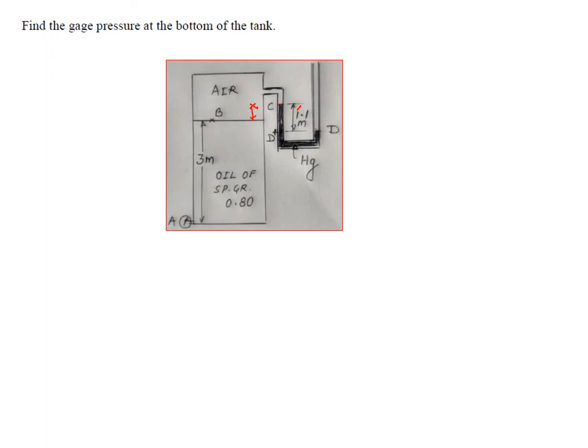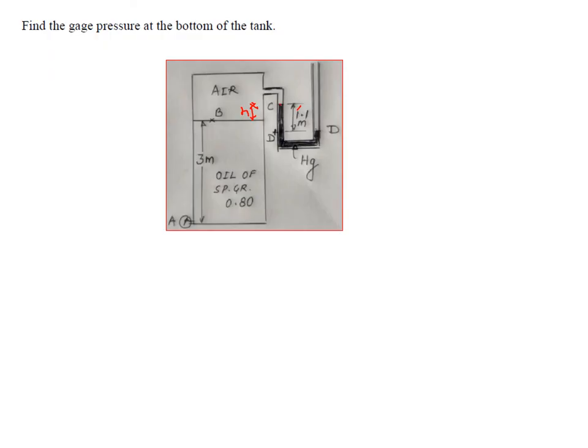If you come down, you have to multiply by omega into H. This H is the height of the air, and the specific weight of air is negligible. Hence whatever pressure you get here can be written as the pressure at B. So the pressure at B can be written directly equal to the pressure at C by this concept.